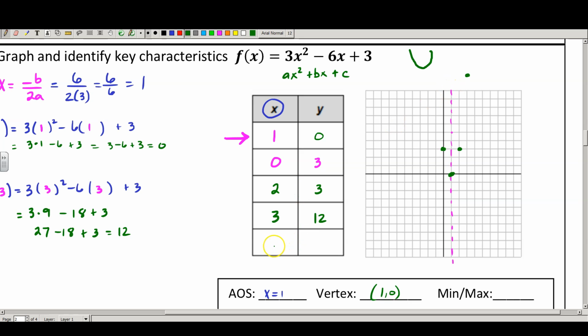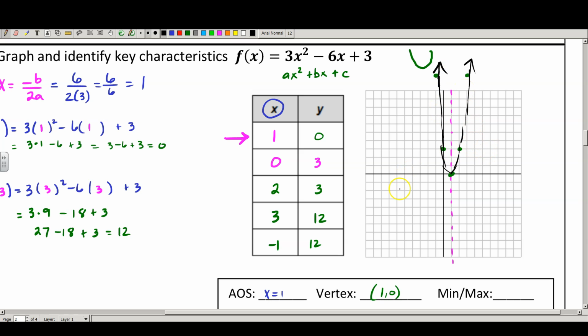We also know that -1 has to go to 12 just by looking at the symmetry of the situation, and so that's right here. So we can just sketch this out. We have enough points here. We're going to just do our best, and of course this increases really fast because the a value is large. That's kind of a bad sketch.